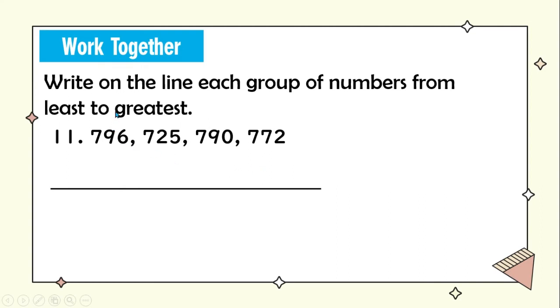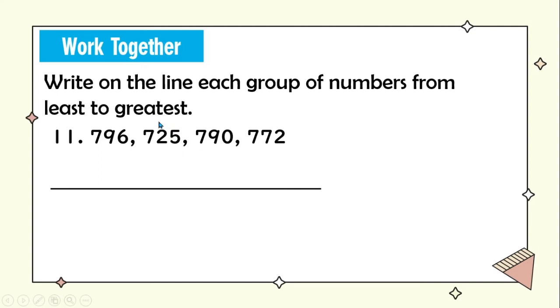And the instruction says that we need to arrange the numbers from least to greatest, which means we're going to arrange it from the smallest number up to the biggest number. So since the hundreds place value are the same, we're going to proceed to the tens place value. And which number has the least number of tens place value?